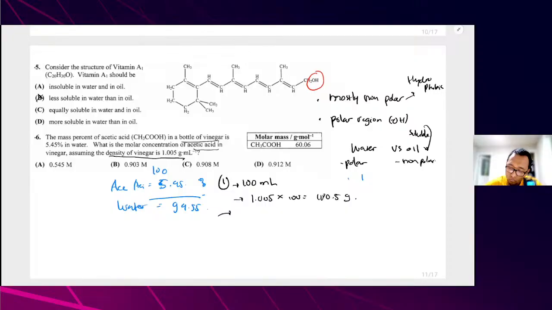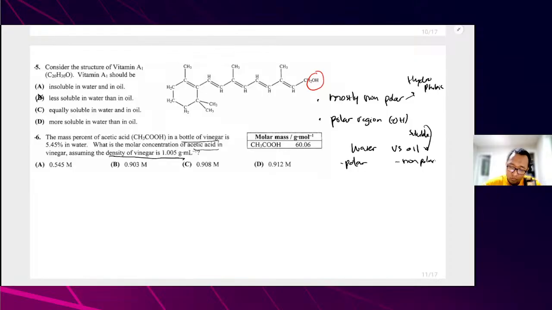So now, 5.45%, the mass percent of acetic acid in the bottle. Let me clarify.